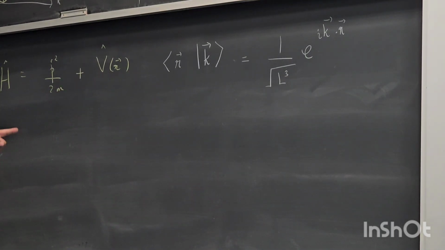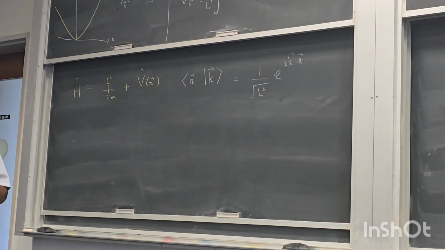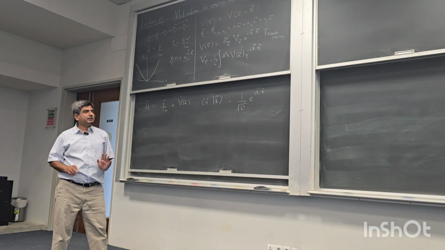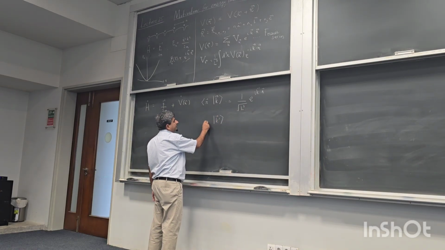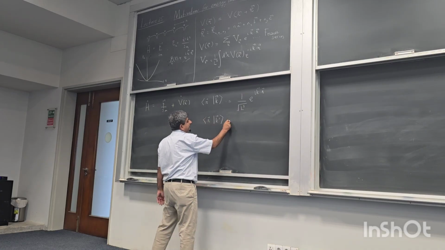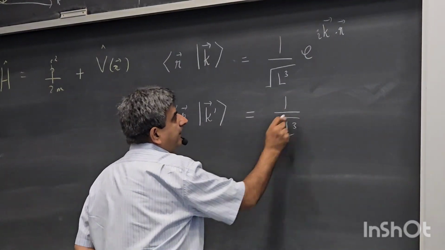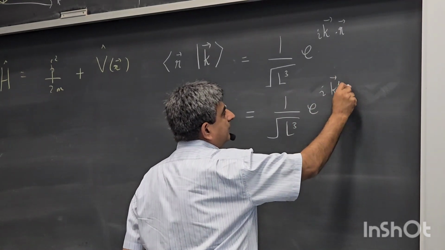This is the wave function for a free particle, identified by the momentum vector k. Likewise, for another free particle of momentum k prime, expressed in position space, it's going to be e^(ik'·r).